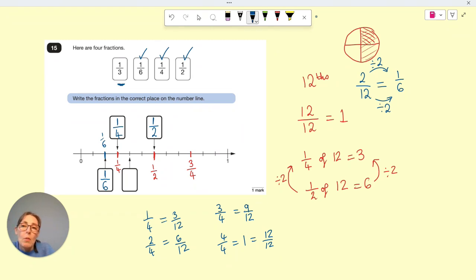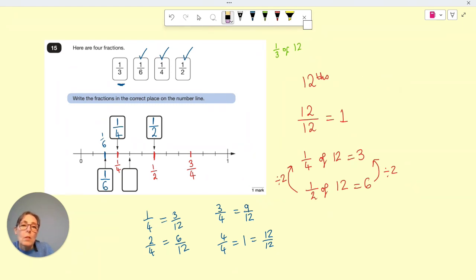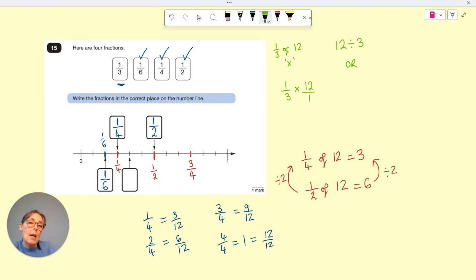All right, so I've got to work out 1/3 of 12 to know where to put it. So 1/3 of 12. Now there's two ways I could do that. I'm just going to rub these out. I could do 12 divided by 3, or what else could I do? I know that of is multiply, so I could do 1/3 multiplied by 12, and that's 12 wholes, so I could do that.